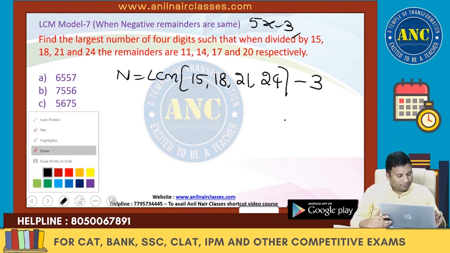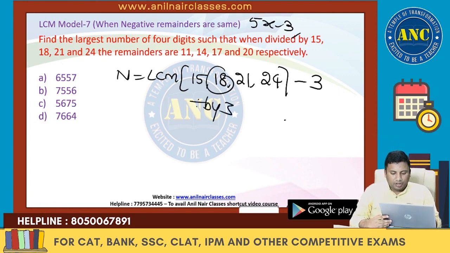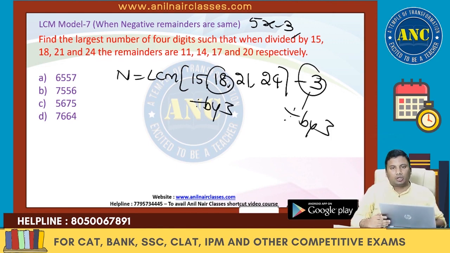This is the question. 18 is divisible by 3. 3 is divisible by 3. If I subtract two numbers which are divisible by 3, the answer should be divisible by 3.